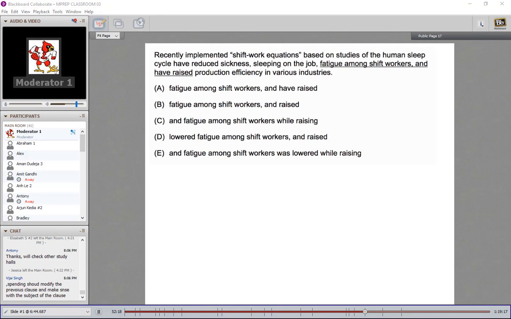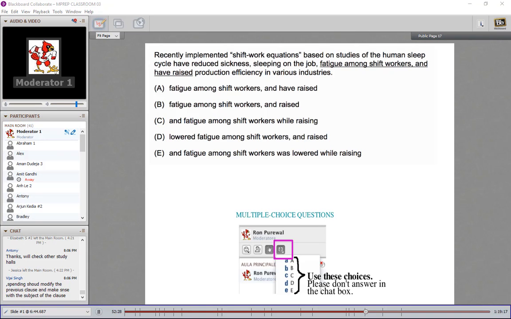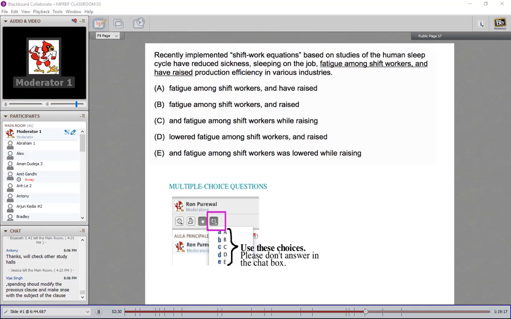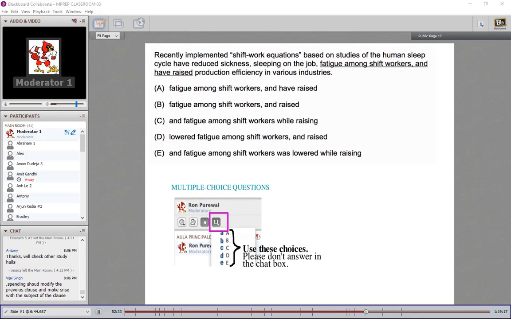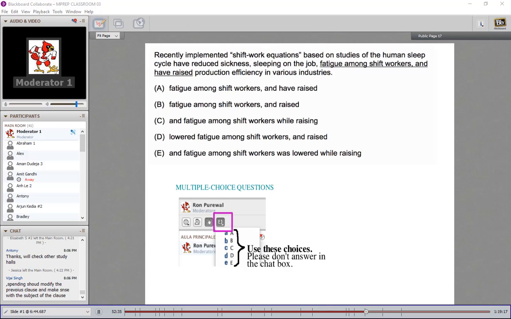Okay, remember where the multiple choice answers are found. Before your eyes even go anywhere near the choices, you should pretty much understand exactly what the relationships are and what the main skeleton of the sentence should be, especially things being parallel or not parallel.